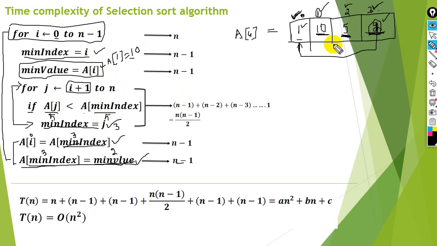5 از A[min index] less است، پس if portion اگزیکیوت میشه، condition true شد. پس if portion اگزیکیوت میشه. پس min index چی میشه؟ j میشه. پس j value اینجا چی است؟ 2 است. صحیح است. پس min index بالا پیشتر چند بود؟ 1 بود. حالا min index 2 شد. صحیح.